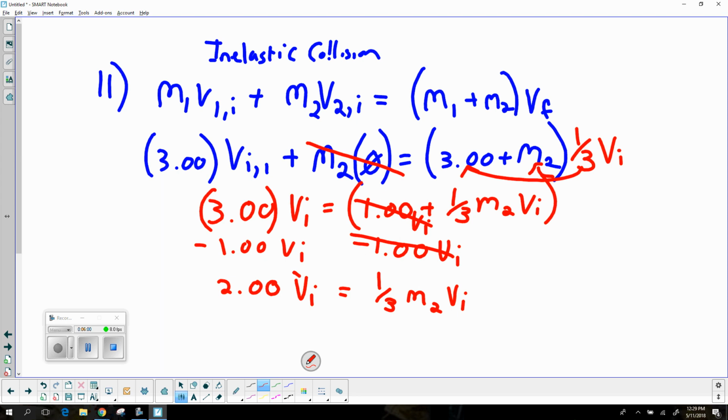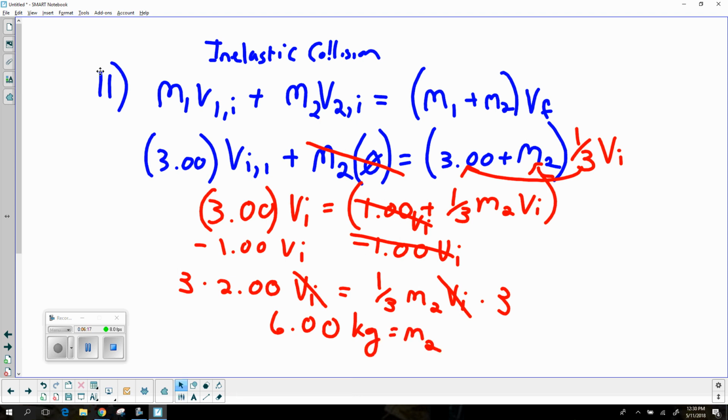And what's my last step? I'll end up with 6.00 kilograms equals m2. So the secret with this one is just realizing that the final velocity is 1/3 of the initial one, and then just trust yourself to do the algebra.